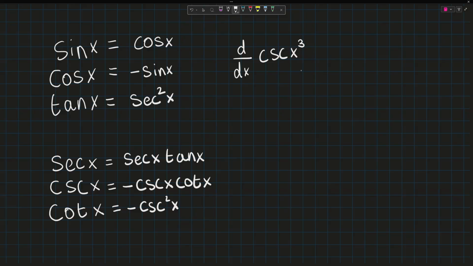To do this, I'm going to do negative cosecant x to the third cotan x to the third, and then the derivative of the inside, 3x squared.